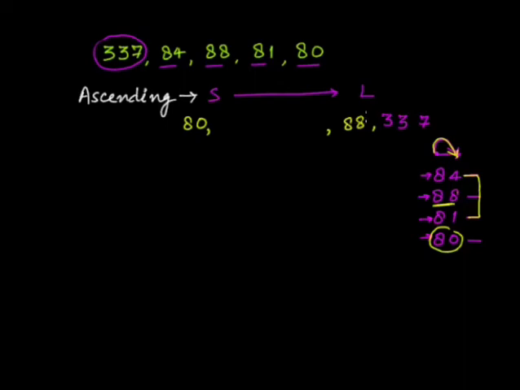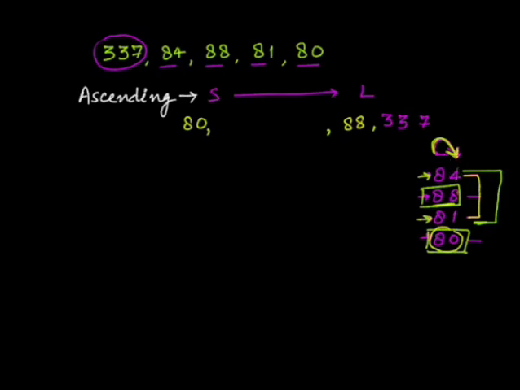We are left with 84 and 81. This is gone, this is gone and this is gone. We are left with 84 and 81. Again compare. Here it is 8, here it is 8. Of no use. Then move towards the right.